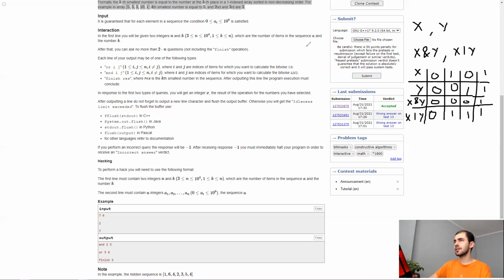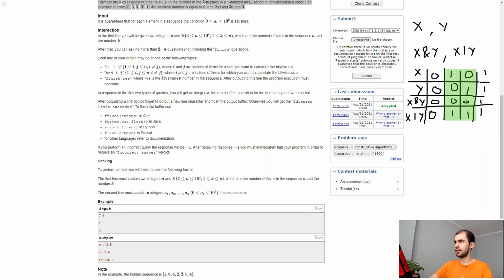So the trick is that we can figure out how many bits x and y have set in total, looking at this output. The only inconvenience is if they have exactly 1 bit set in total, you don't know which of x and y has this bit.